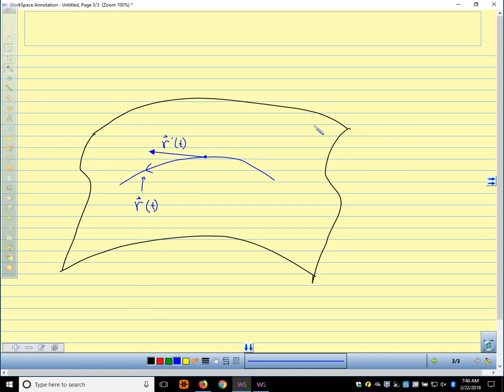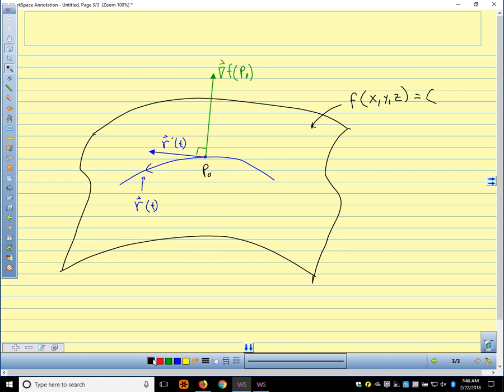And I forgot to say the surface is f of x, y, z equals a constant. And then del F, I'll draw that in green, there would be del F. And I'm going to say at P0, and we'll say this point is P0, that's going to be orthogonal to r prime.